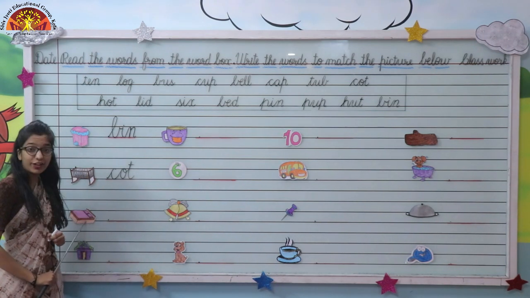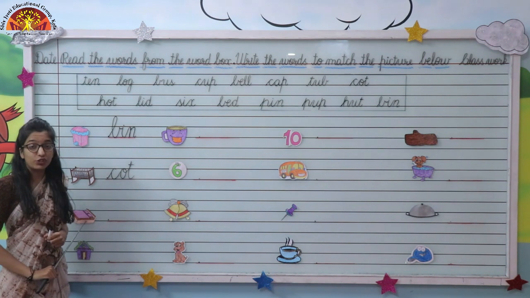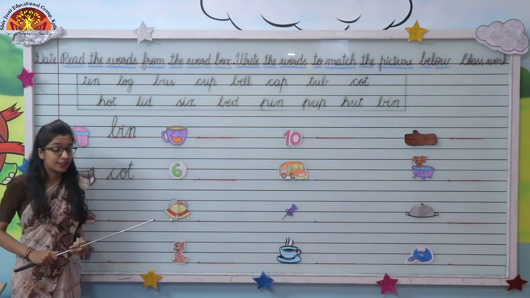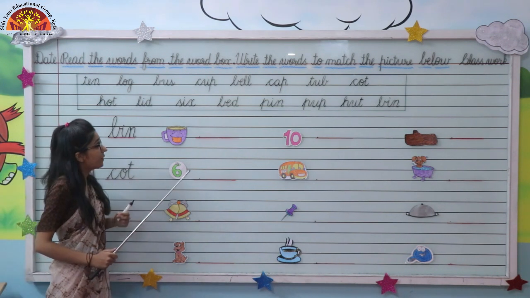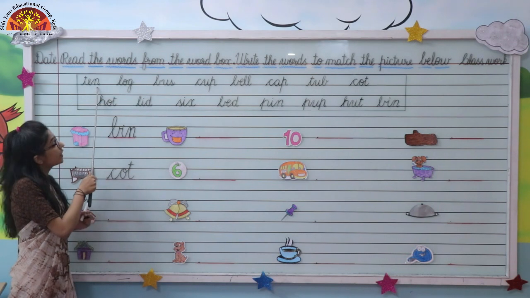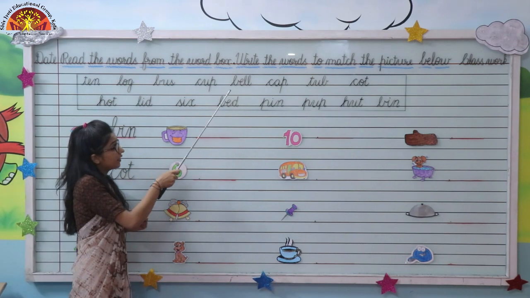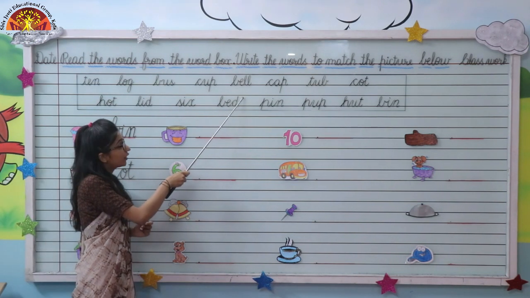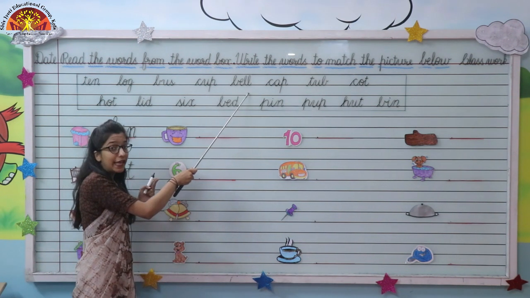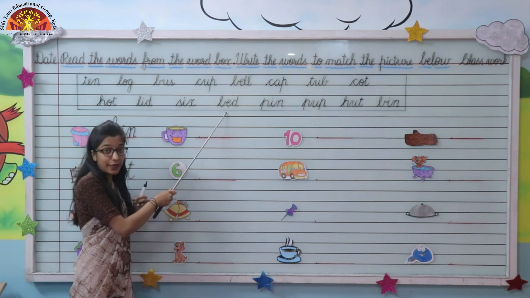Now kids, come to next one. Tell me which picture is this? This is a picture of bed. Now let's see the spelling of bed. This one? No, this is a spelling of 10. Okay, tell me, is this a spelling of bed? No, this is a spelling of B-E-L-L, bell. This one is a spelling of bed.